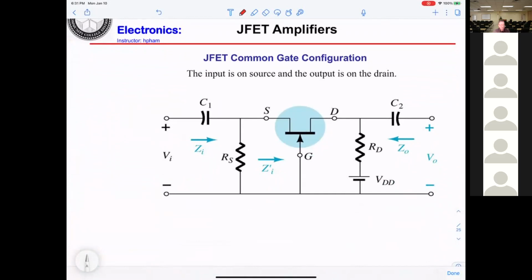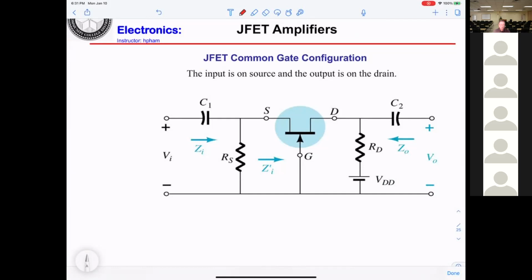Common collector, in AC collector will be ground. Common base, in AC the base will be ground. Same thing applies for the JFET. When they say common drain, guaranteed in AC drain will be ground.